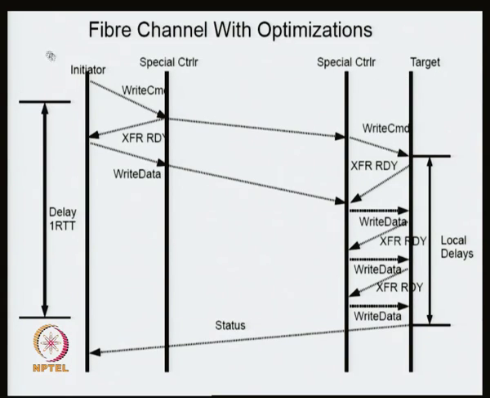So this is the initiator, this is the target, and I have a special controller sitting in front of me which takes care of the transfer from this to this through some other protocol. Let us say some highly optimized protocol that can do wide area network transfers efficiently.